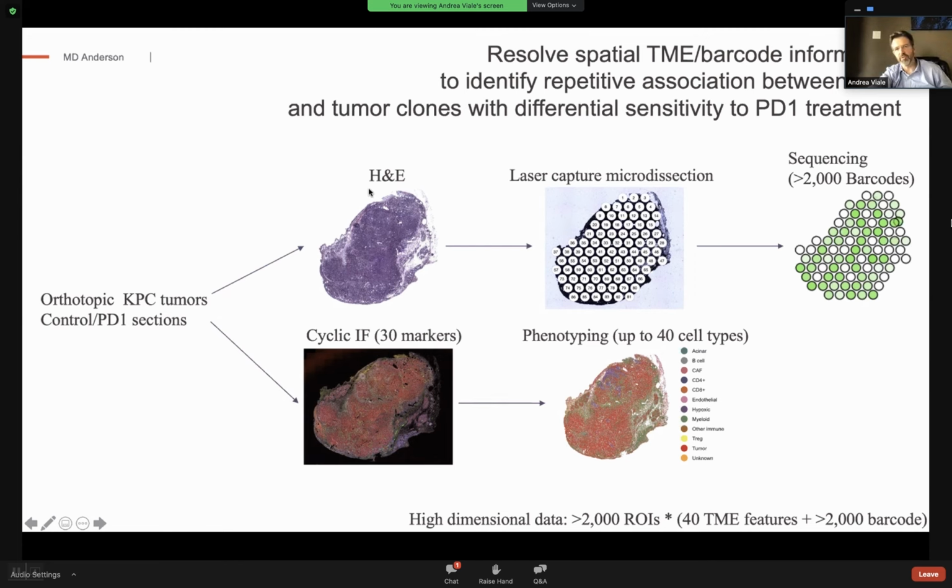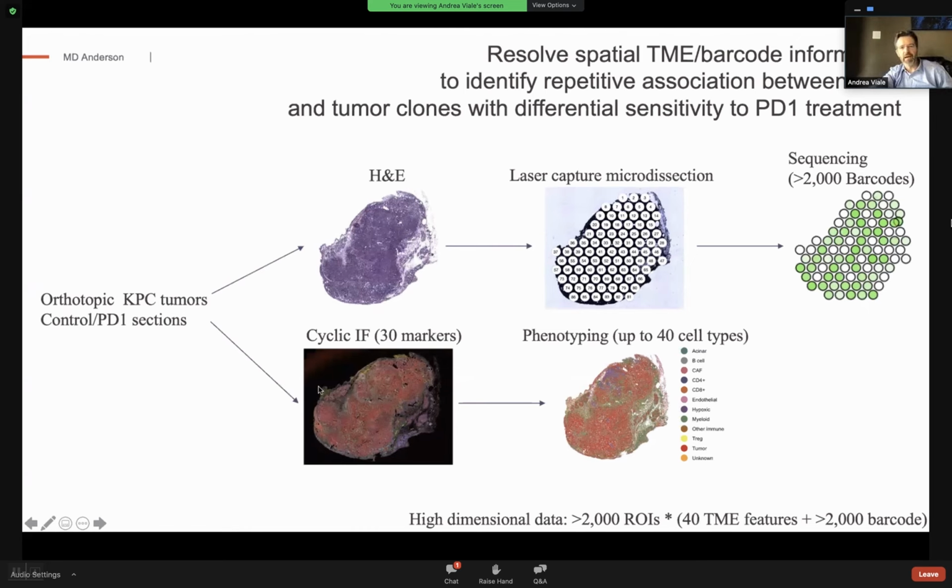And to do this, he and Lynn set up a protocol of laser capture microdissection and sequencing that allows us to detect barcodes, multiplexing up to 300 different regions in the tumor. So I was happy because this decreased a lot of the sequencing cost.